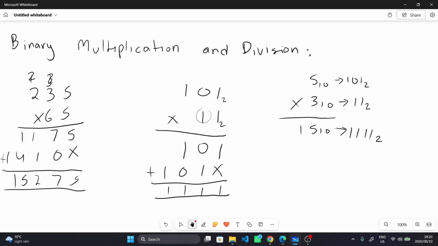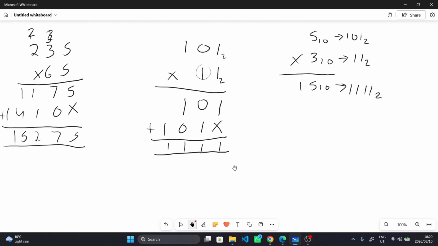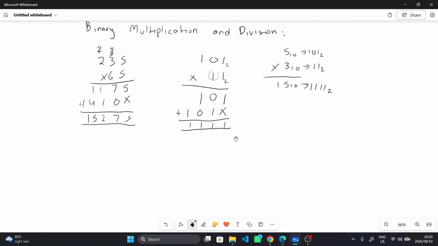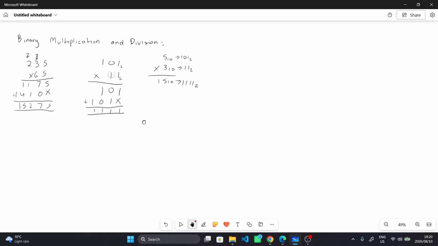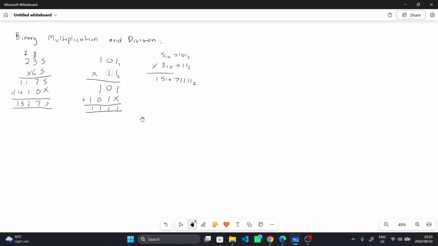Right, so let's do another example, so it's easier for us to understand. Let's say now if you have maybe a number like, just a simple example again, 1101 times 101, right?